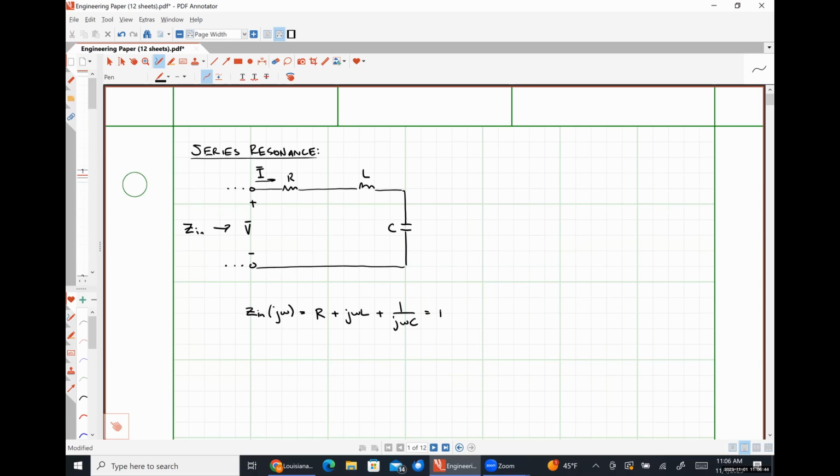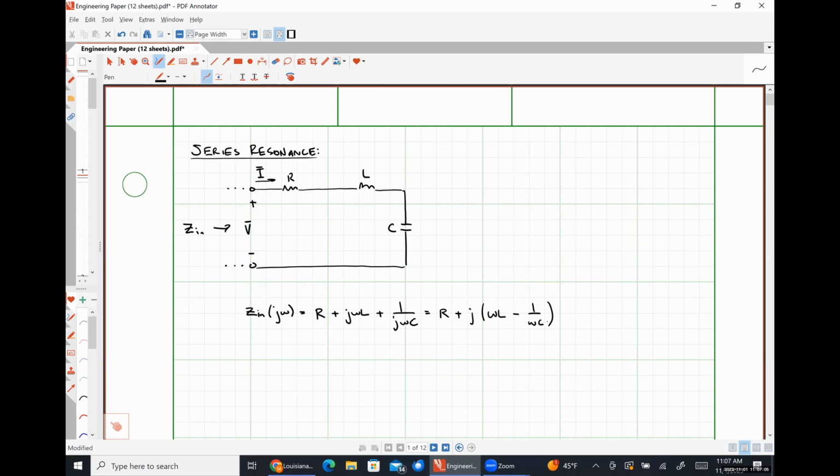And I'm going to choose to express this in rectangular form by lumping my imaginary parts together. So that would look like omega L minus 1 over omega C, right? Because we know that 1 over j is the same thing as negative j in the numerator.